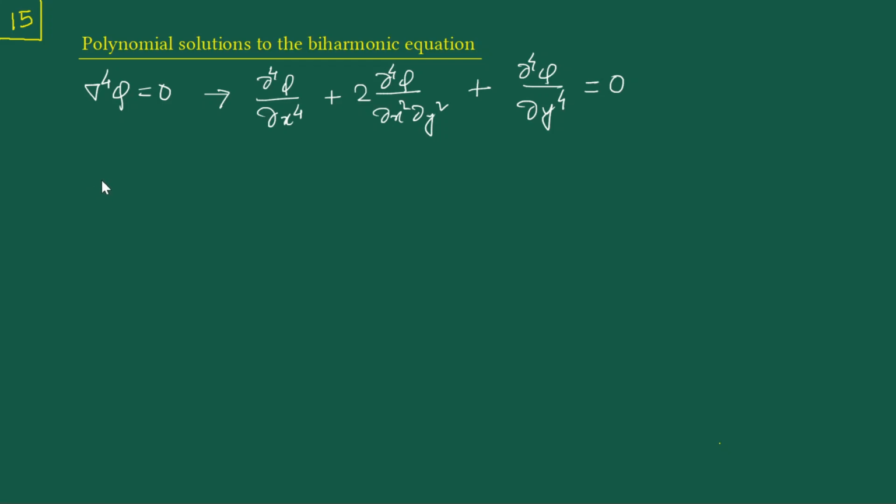All right. So one of the most common solution forms assumed to satisfy this biharmonic equation is the polynomial form. Okay, so we're interested in these polynomial solutions. So the form that is actually assumed is this. Okay, written in a very general sense, it is written like this.